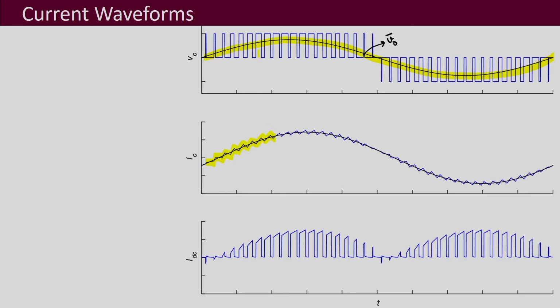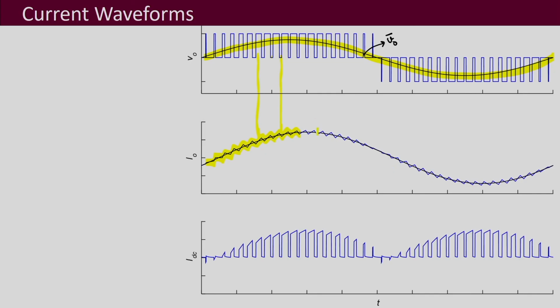Whenever the voltage is positive, let us say here, you can see that the current is rising. And over here you can see that the current is decreasing because the output voltage has become 0. So, that switching frequency ripple is there, but otherwise it is following a sinusoidal pattern.